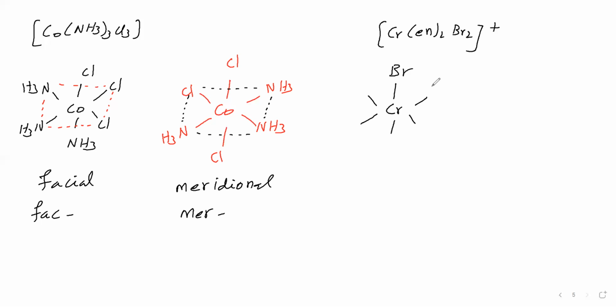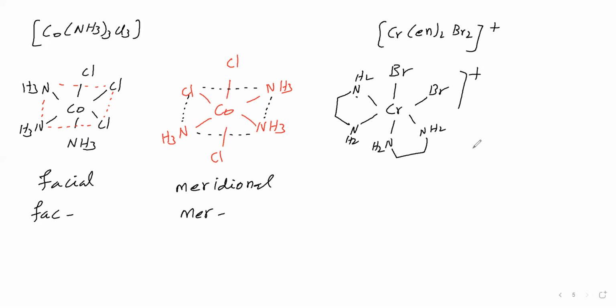Now we will write Br like this, and ethylene diamine we will write as 2 NH2 groups and 2 CH2 groups like this. It is another ethylene diamine. Now we write CH2 CH2. Net charge is +1. Now these two bromines are adjacent to each other.